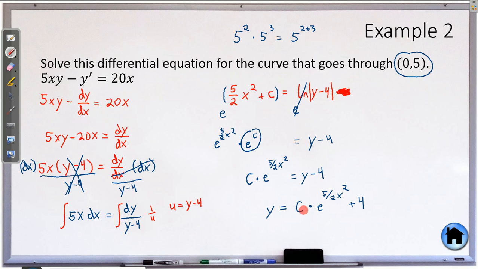So we have c plus 4 is equal to 5. So that means c has to equal 1. And so our equation just becomes y is equal to, c is 1, so we don't even really need it, e to the 5 halves x squared plus 4.